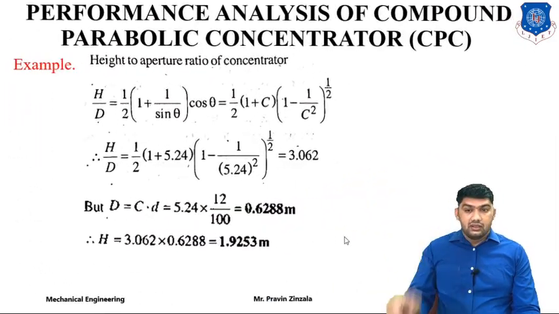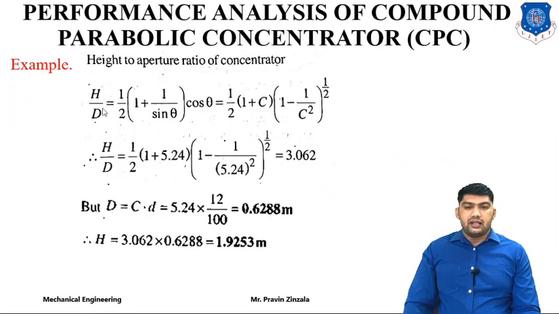Second is capital H divided by capital D, or we can say the height to aperture ratio of the concentrator. You have to also remember this equation. It is derived from different analysis or by different conditions. Capital H divided by small d is equal to 1 by (1 plus 1 upon sine theta) into cos theta.